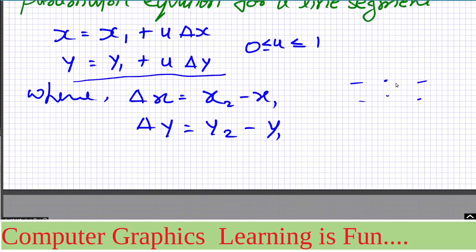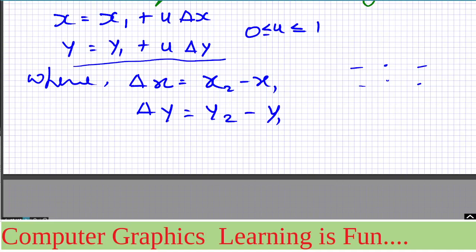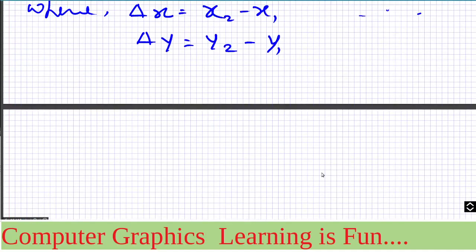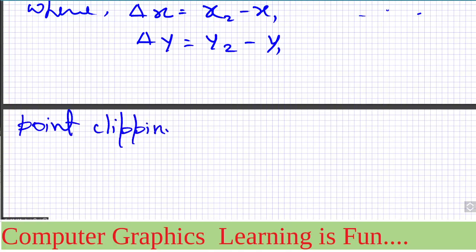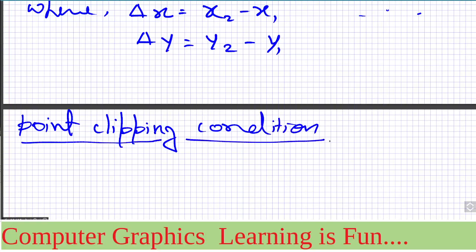The same condition. Let me write it again. In terms of point clipping, what were the conditions? We will elaborate a little and then you will see how it is faster. Don't worry.